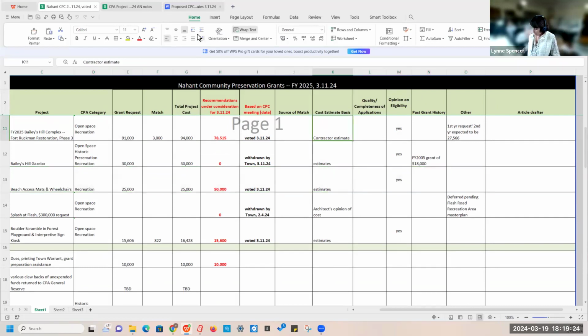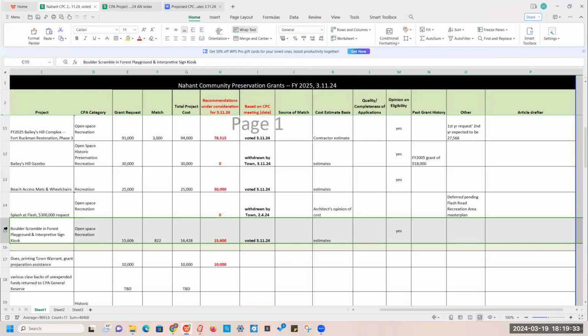I'll take that one on. And the last one, in terms of what we're recommending to move forward, is the Boulder Scramble at the Forest Playground. This is Ellen. I can take that one. Great, thank you.